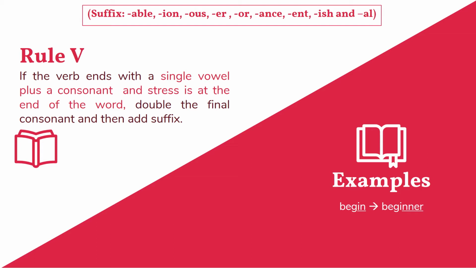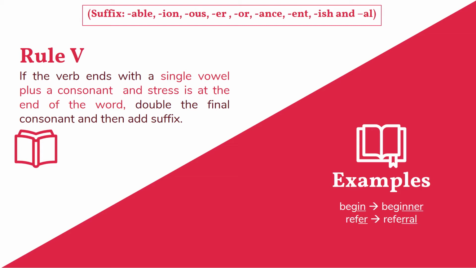And the next is the stress is at the end of the word. So we do not say BEgin, we say beGIN. The stress is at the end of the word. So we have doubled the consonant N while adding the suffix ER, and hence the spelling double N-E-R at the end of the word.